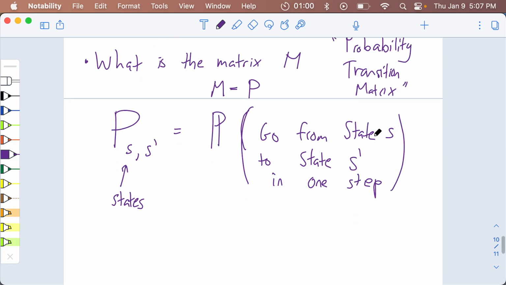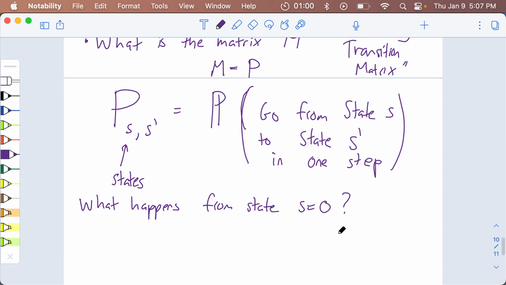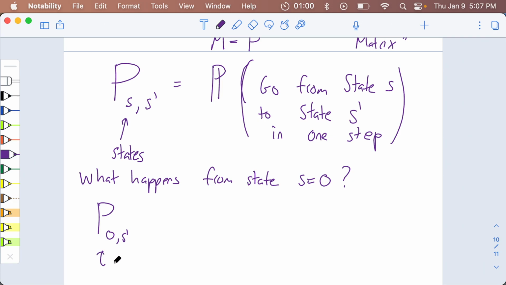Let's do an example. Let's figure out what happens when s equals 0. What happens from state 0? So this would be like P of 0 comma s prime. This is the 0th row of the matrix. It is the probability that you start at square 0 and then you end at all the various squares.